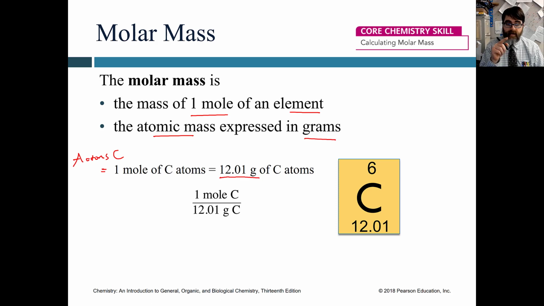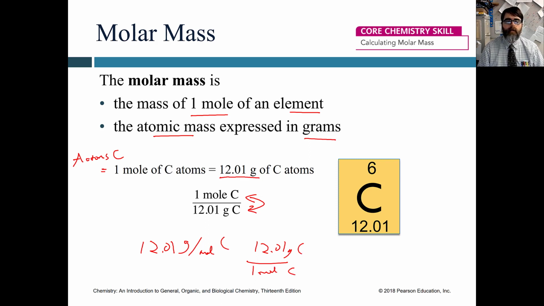And so now we have 3 things there that are equal, and we can actually relate them through a variety of equalities. They show you just this one here, but we can do the opposite. In fact, usually molar mass will be expressed as the opposite of that, 12.01 grams per mole, or if you'd prefer, grams per 1 mole of the substance. And we can use either one of these ratios for doing calculations.